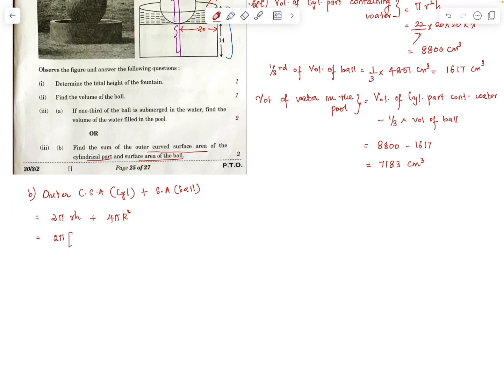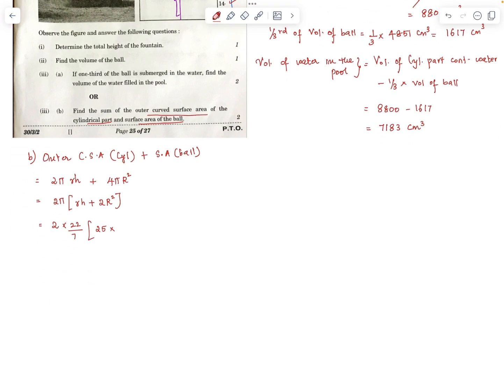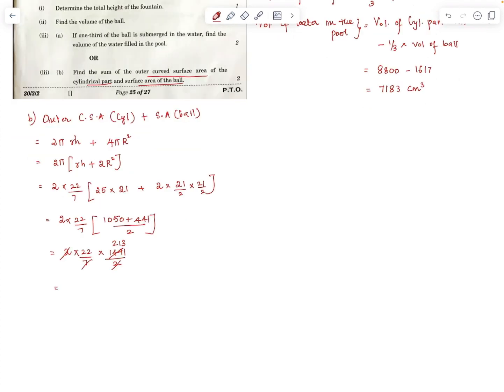Taking that out, we are left with r h plus 2 capital R square inside the bracket. 2 times 22 by 7. R is 25, and the height of the cylindrical part is a sum of 7 and 14. So 21 plus 2 times radius of the spherical ball is 21 upon 2, which gives us 4686 centimeter square.